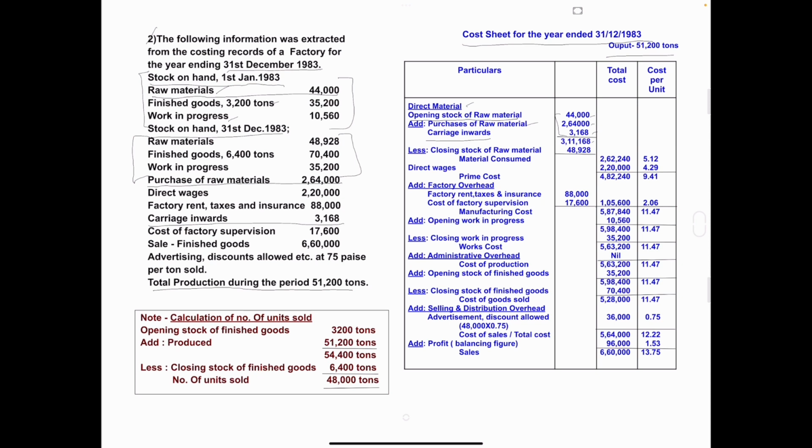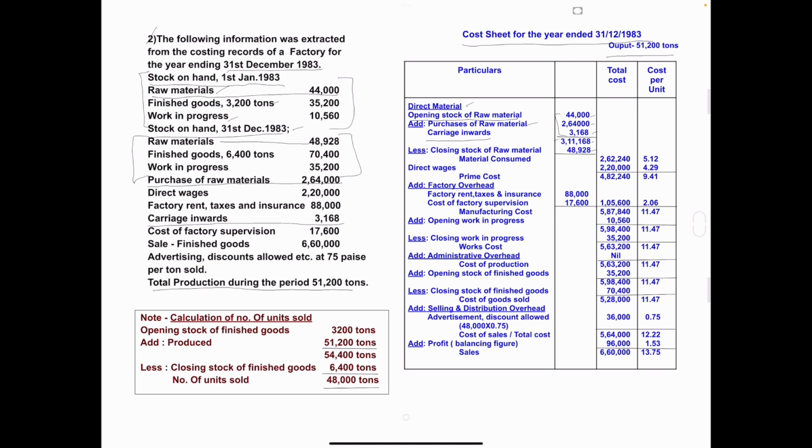Now less closing stock of raw material. For that we have to see closing balance, stock on hand on 31st December 1983. So the raw material is 48,928. So write less closing stock of raw material amount 48,928.